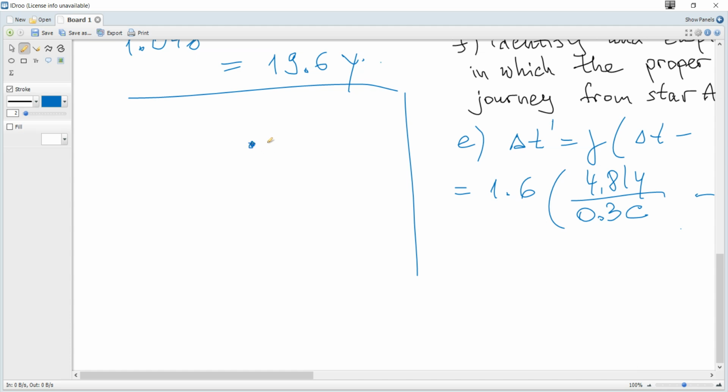Observer P is moving to the right with speed 0.78 c, and relative to the observer P, stars A and B, this not primed reference frame, is moving to the left with speed also 0.78 c.